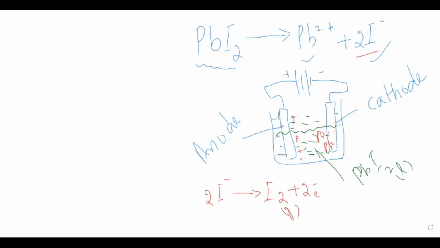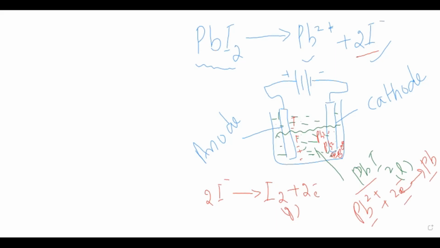Whereas at the cathode, Pb2 positive ions will gain electrons to deposit lead metal here. You will observe shiny gray globules of lead metal depositing here, and lead-2 ions are discharged by gaining electrons to deposit lead.